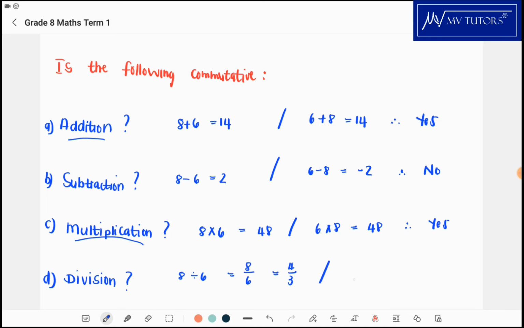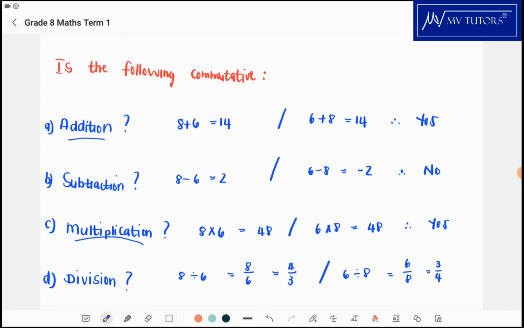Now, what happens if I say 6 divided by 8? I can actually write it as 6 over 8. Now, that is different, right? If I simplify it, we're going to learn about simplification, I'm simply going to get 3 over 4. 3 over 4 is like 0.75.